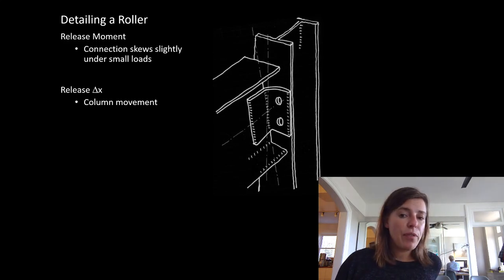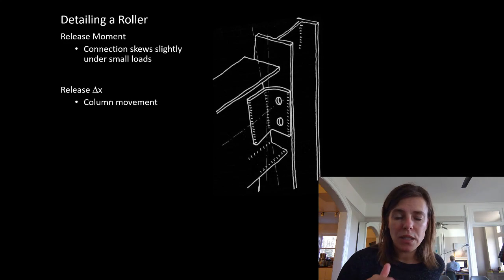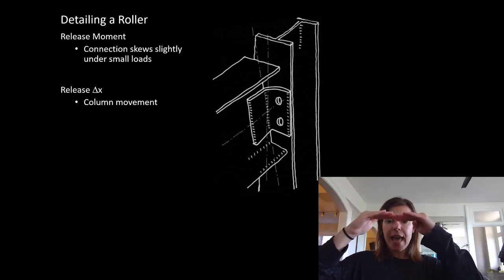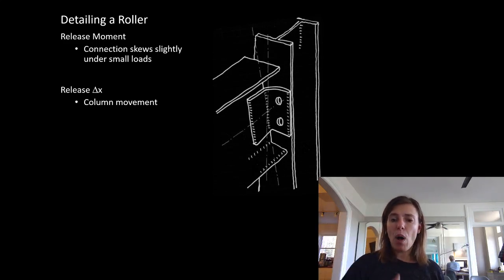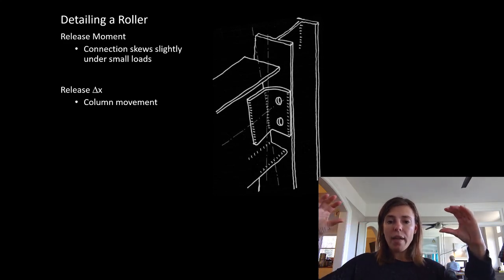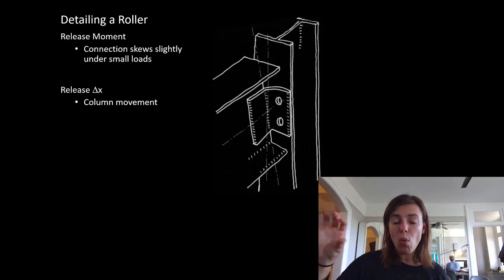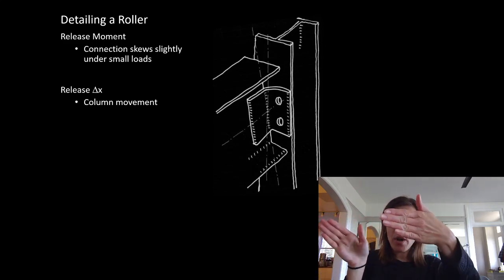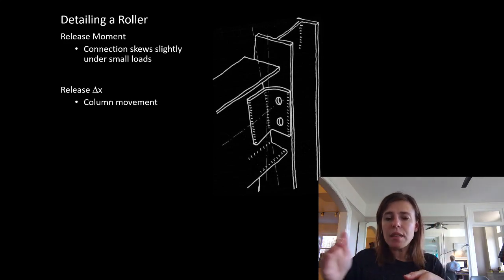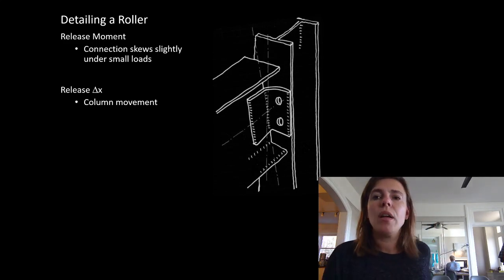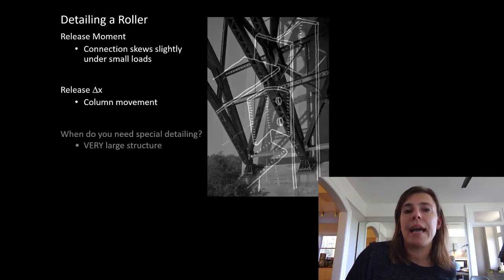Now, if any of you have ever driven under an overpass, you often see that at the end of the bridge, you can see a break in it relative to its support. In that spot, they actually have Teflon bearing pads that allow the end of that beam or truss or girder to slip just a little bit along that. They'll put guides on it so it can't fly off everywhere. It just allows it to move in the direction we need it to release that condition.